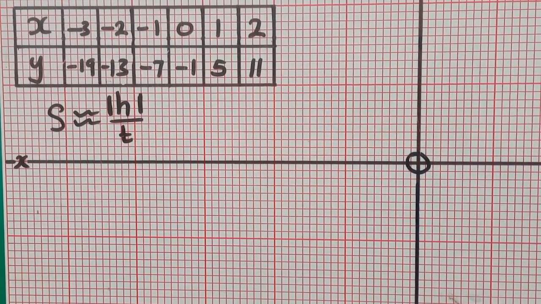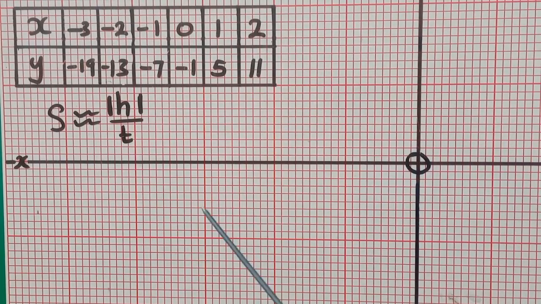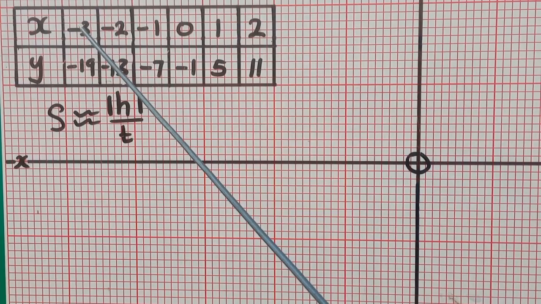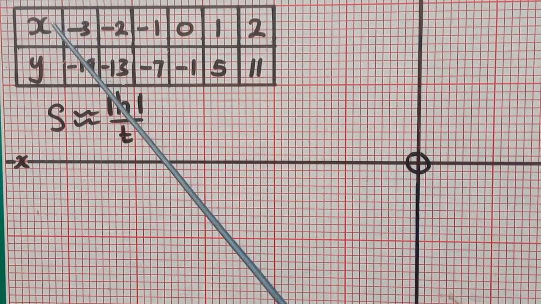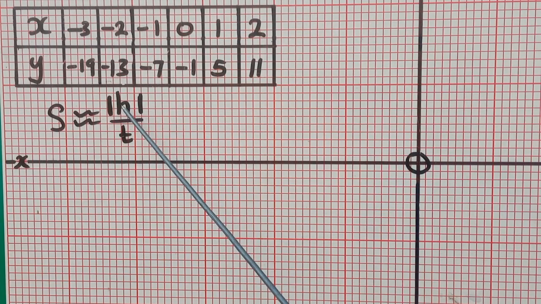But forget about signs. Which number then has the highest magnitude? It is this 3. Therefore, it is this -3 we're going to make use of to make a scale for this X-axis. That is why we're going to replace this H by 3.